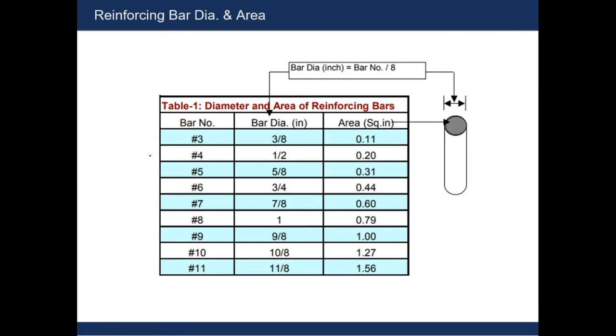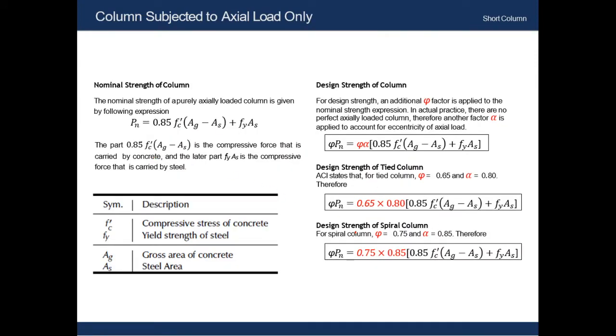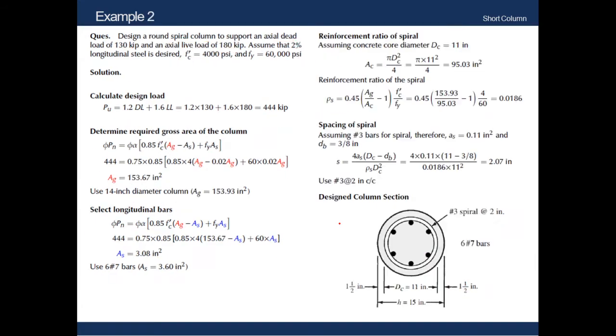For a circular or spiral column, alpha is 0.85 and phi is 0.75. So we plug in 0.75 and 0.85, and the other values remain unchanged. In this way we get the value of AG as 153.67.